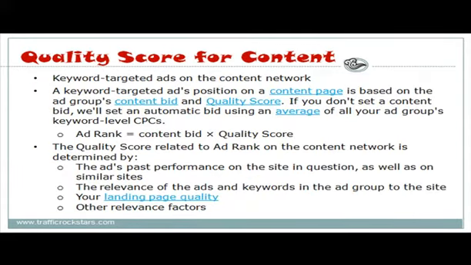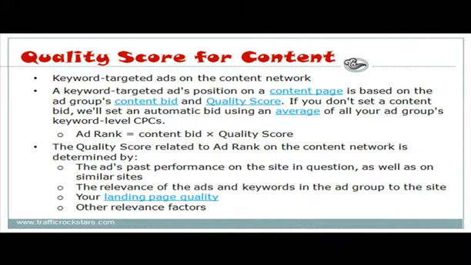Quality score for the Content Network is slightly different to search, but it's just as important. So I've extracted this directly from Google, and you can see here that your ad rank is based on your bid and the quality score. So the better your quality score, the more chance you have of getting a higher ad rank.